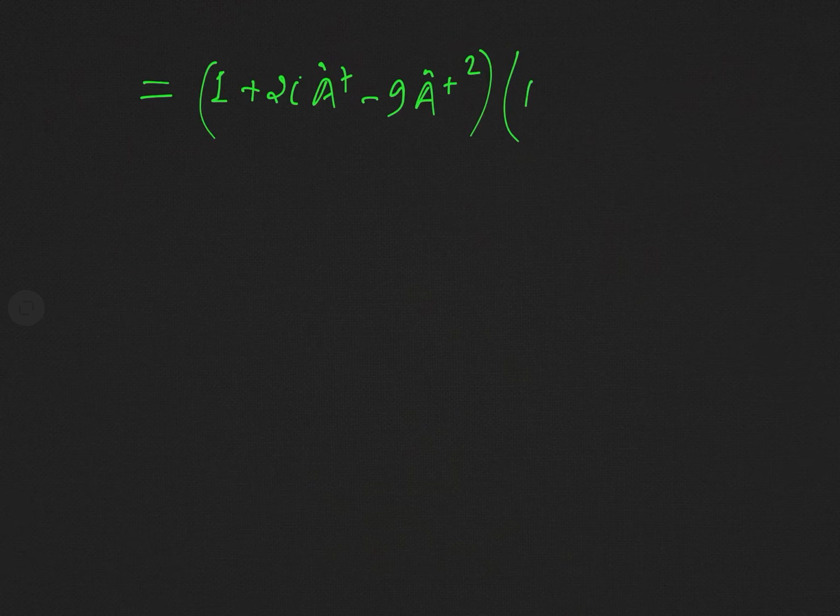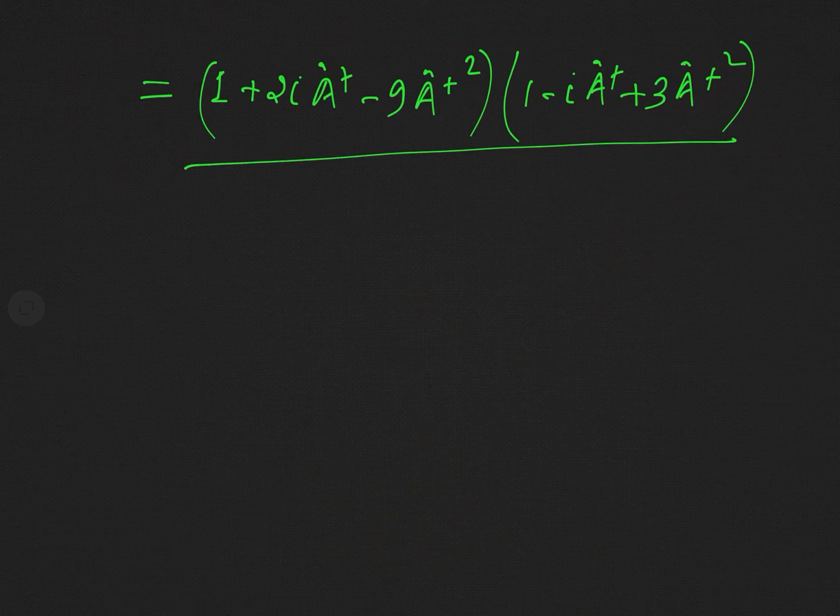This will be 1, there is plus i, so that will be minus i A hat dagger, and then 3 A hat square will be plus 3 A hat dagger square, and over 5 plus 7 A hat dagger. And in fact, this is the Hermitian adjoint of the given operator function.